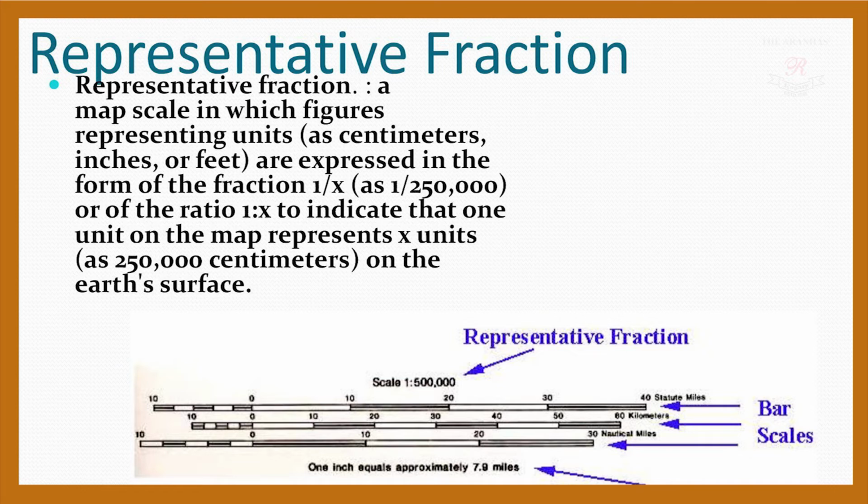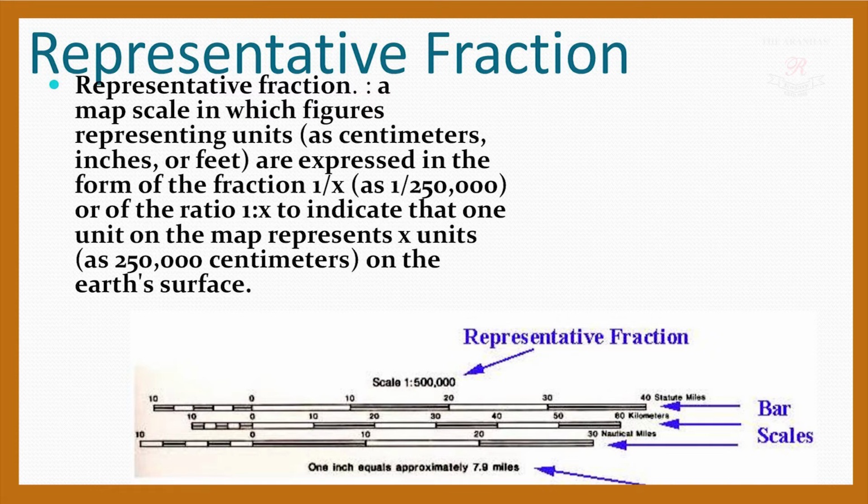It is a map scale in which figures representing units, in which units? Centimeters, inches or feet. Do remember, in representative fraction, these units, centimeters, inches or feet, are expressed in the form of a fraction.